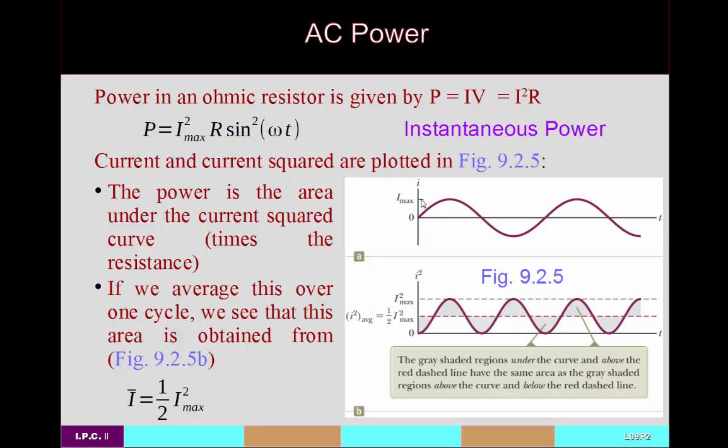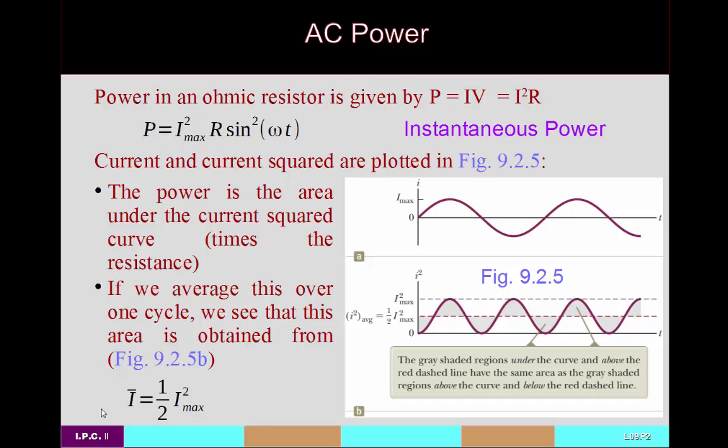In general, you can get the power by figuring out the area under the current squared curve versus time, and therefore you can find an average.